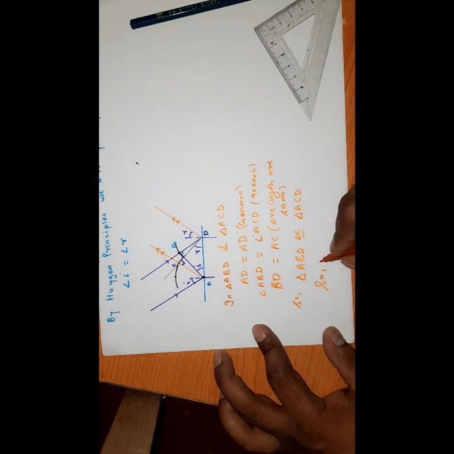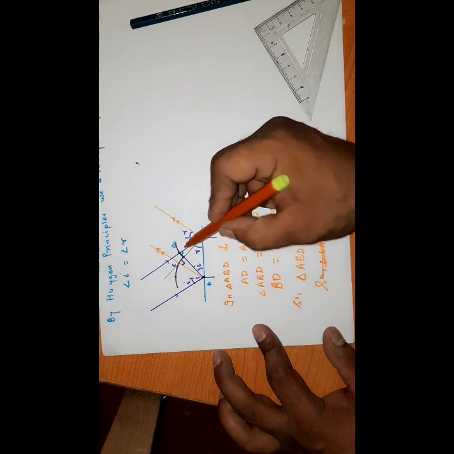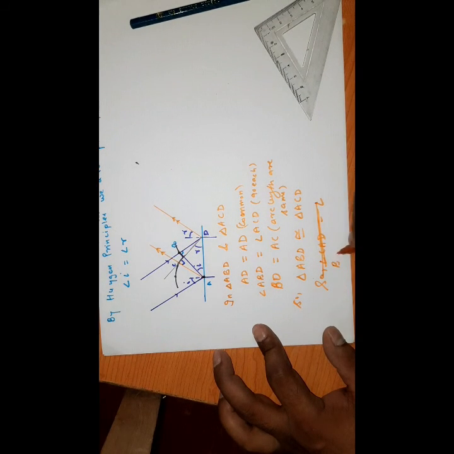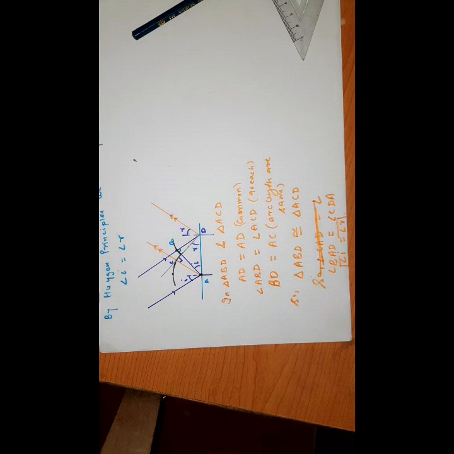So angle CAD is equal to angle BAD is equal to angle CDA. So angle i is equal to angle r. This is the law of reflection. So Huygens has proved this by his postulates or by his principle. Now we'll prove the law of refraction.